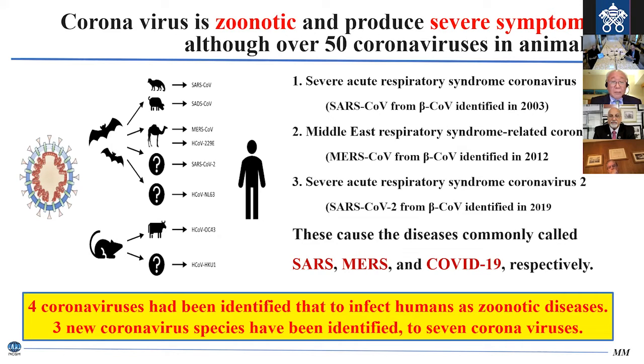One of them is the SARS virus, another the MERS virus, and now SARS-CoV-2. At present, we have 7 coronaviruses that infect humans, from zoonotic sources such as camels, bats, horses and cows.